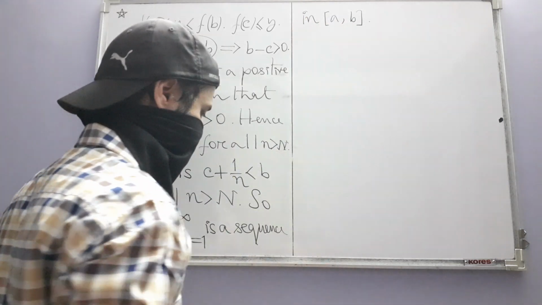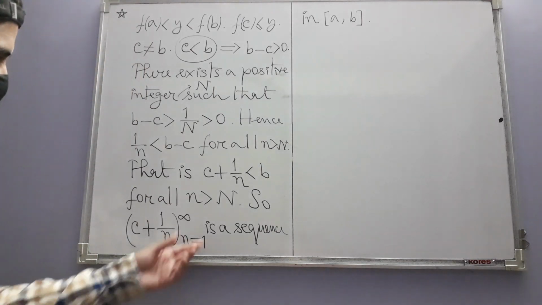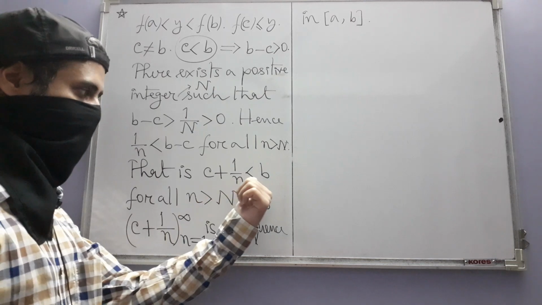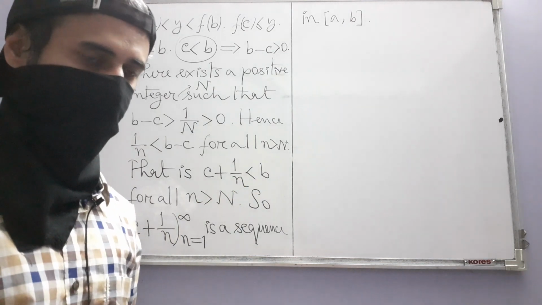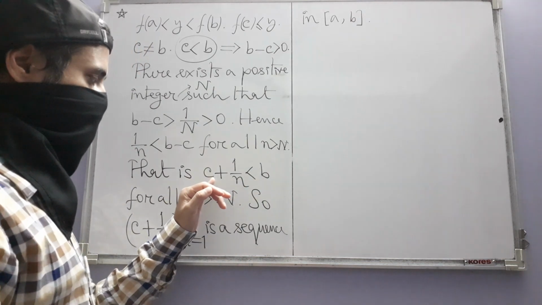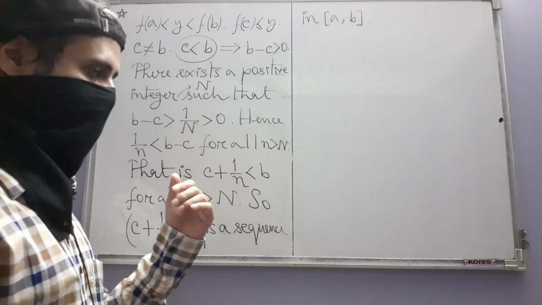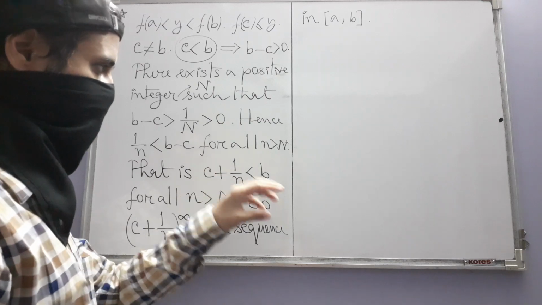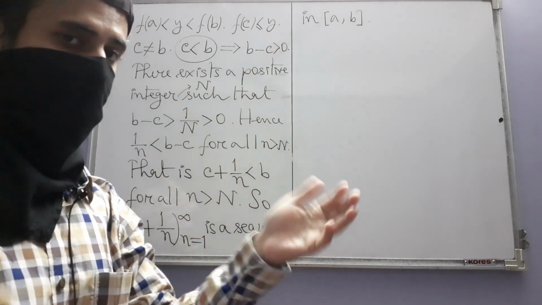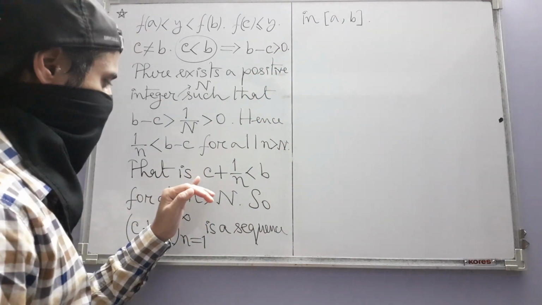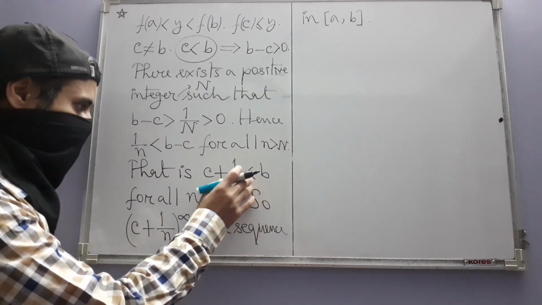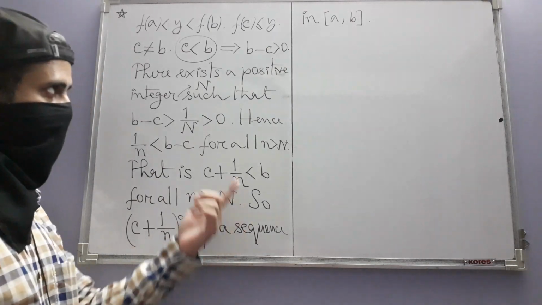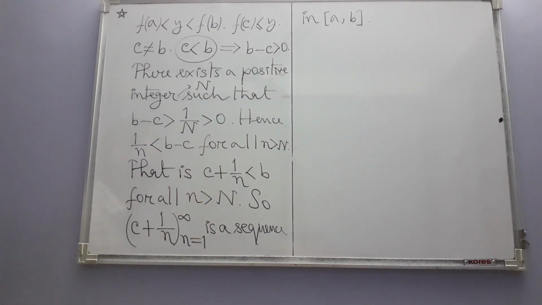But exactly why? We can already see from these inequalities that all the terms of this sequence are less than b. But also, all the terms are strictly greater than c, and c itself being in this interval is greater than or equal to a. So that is why all these terms lie between a and b, and as such this is a sequence in a comma b.